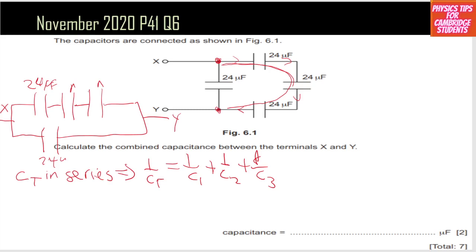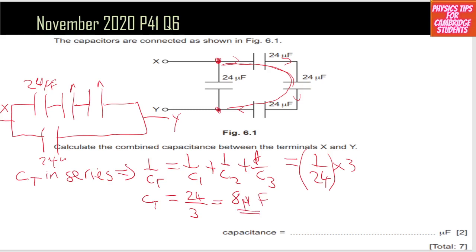So in this case, it's going to be 1 over 24 plus 1 over 24 plus 1 over 24, which is 3 over 24. Which means that to get CT in series will be equal to the inverse, which is 24 over 3, which gives you 8 microfarad.